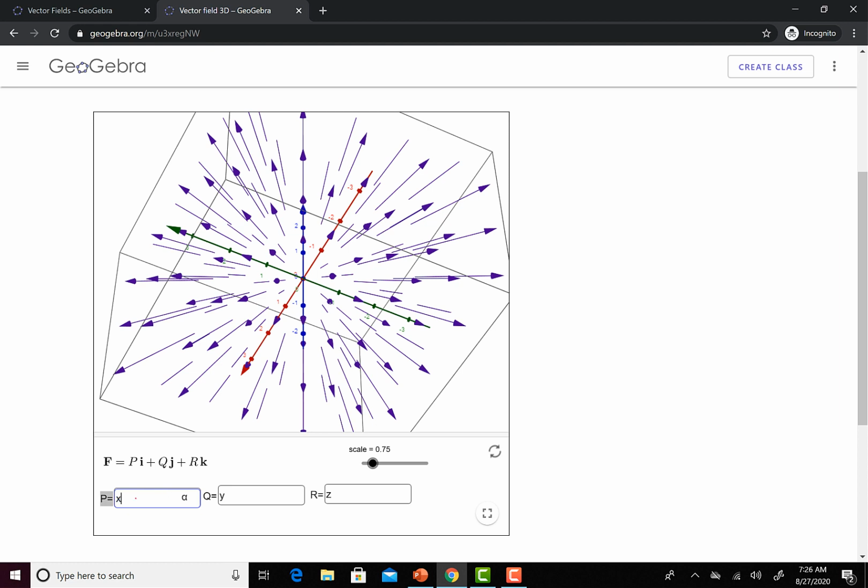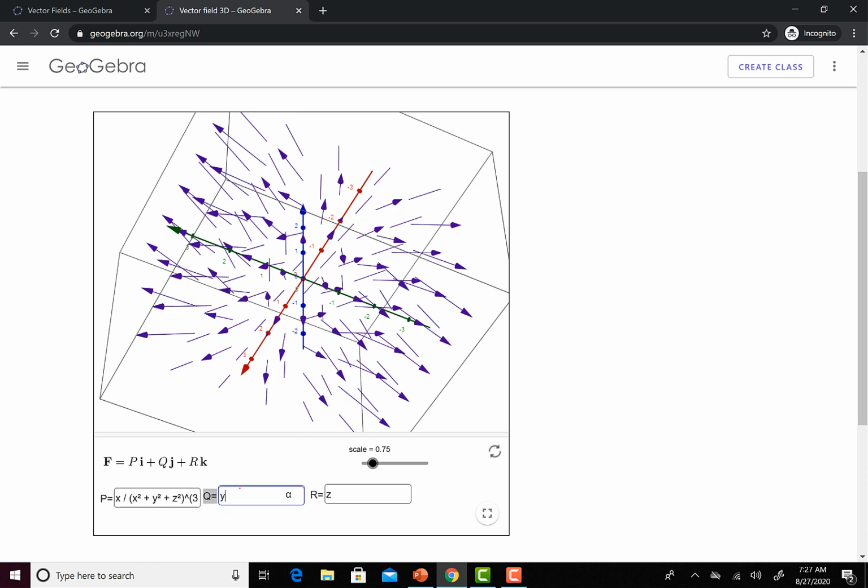Okay, x by x squared plus y squared plus z squared, whole to the power 3 by 2. I can copy this and paste it here, and this changes to y.